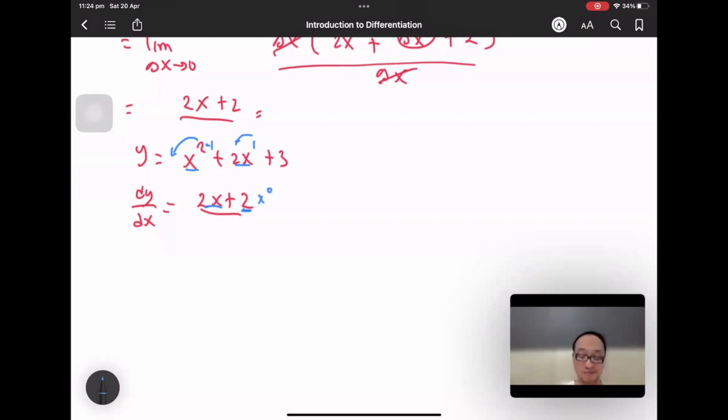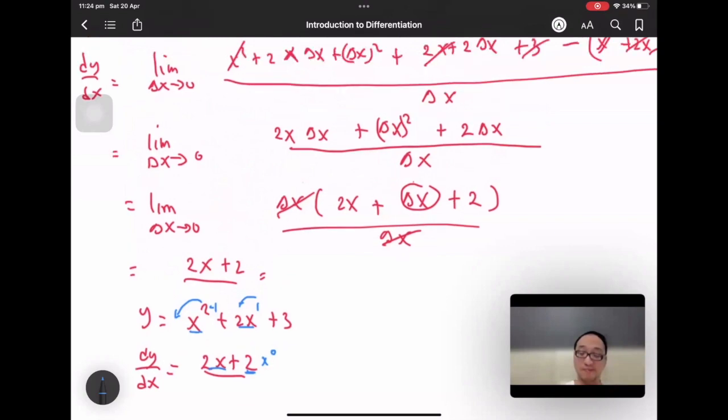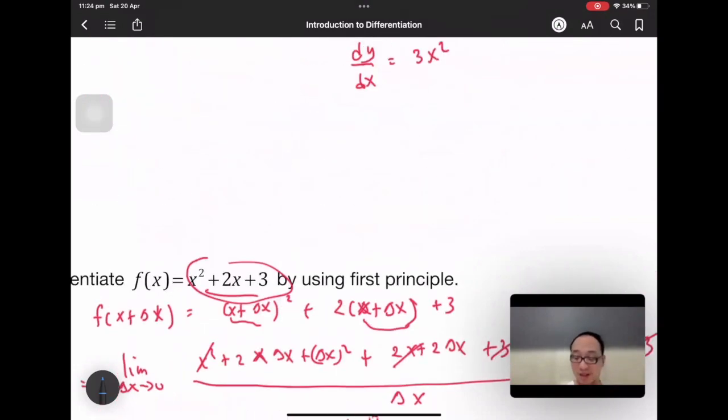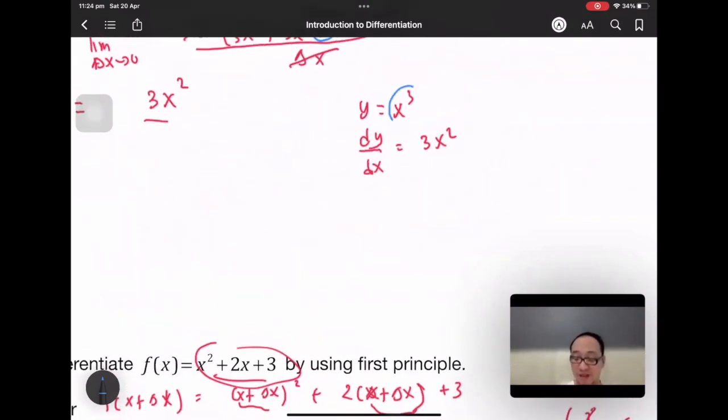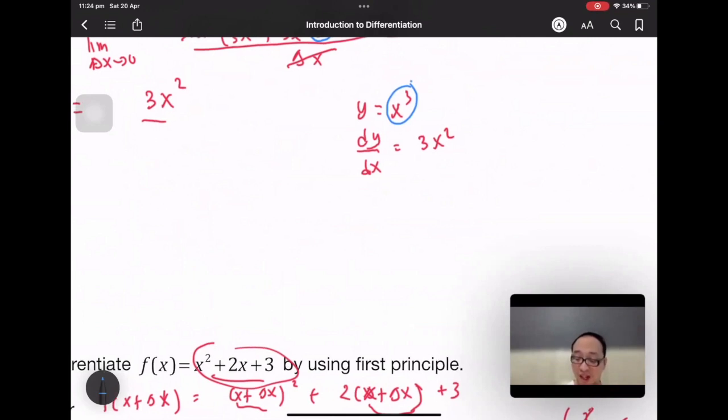Let's see again. So y equals x cubed. So dy/dx is the x cube, the cube number is multiplied to the number in front. So it becomes 3x, and then the power you minus 1. So 3 minus 1, it becomes 2.